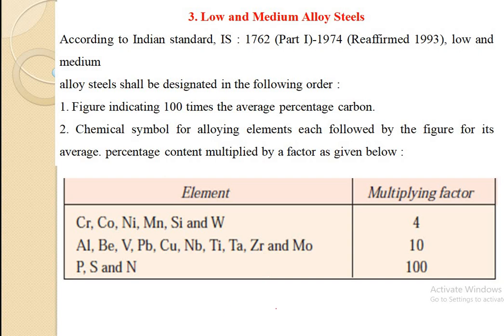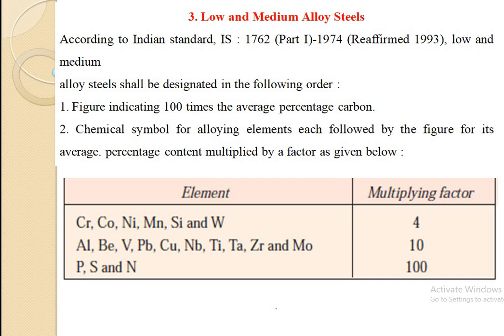Up to this point we have seen how the mild steels are designated on the basis of chemical composition, and how free cutting steels are designated on the basis of chemical composition. Now we will see how low and medium alloy steels are designated.